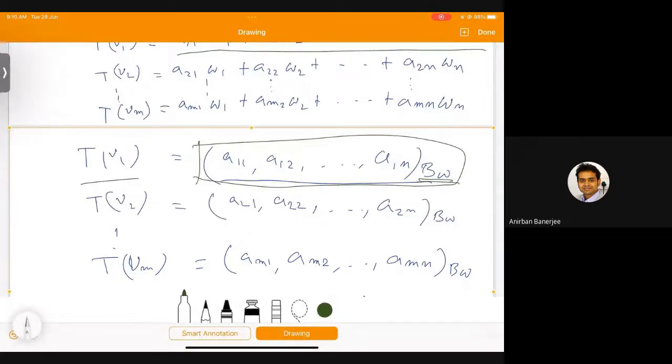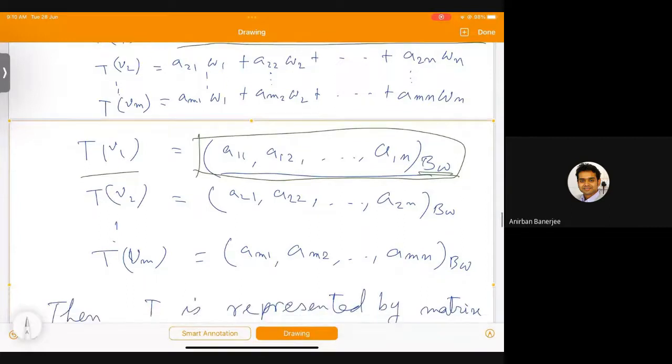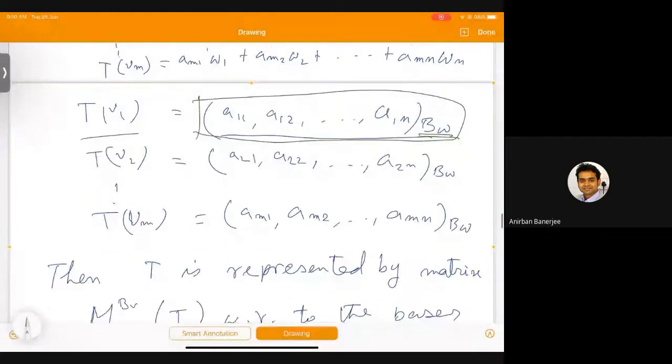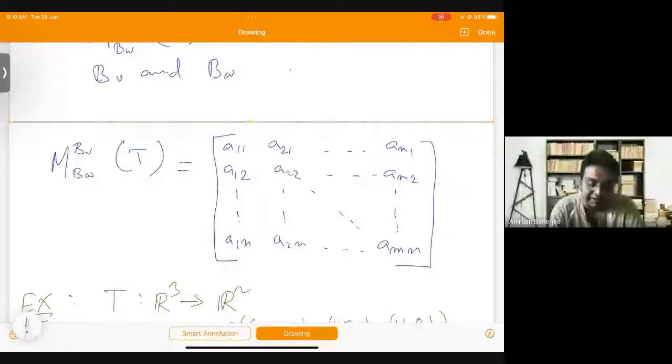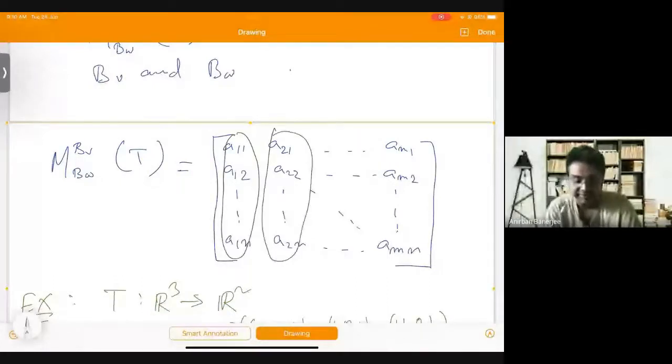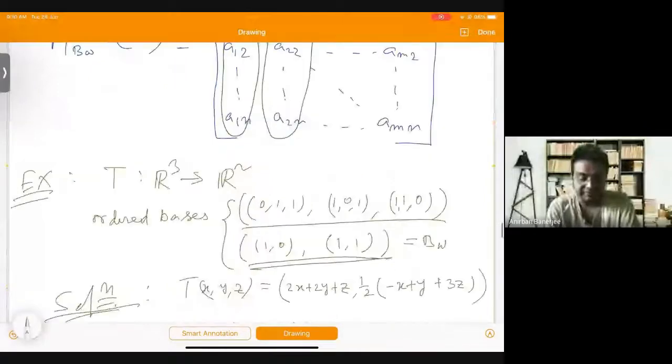In this way we get all the coordinates after the transformation, and these coordinates will be written column-wise, and then we'll get the matrix. So this was the main idea.